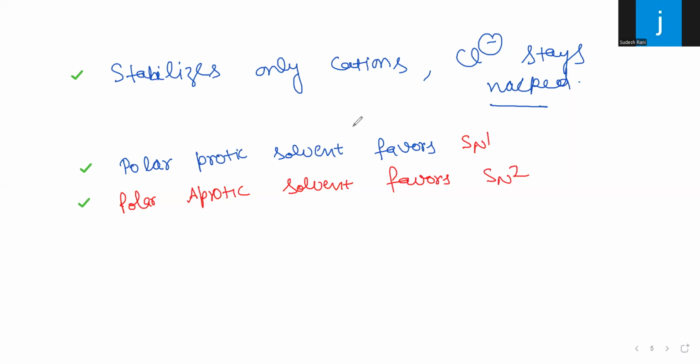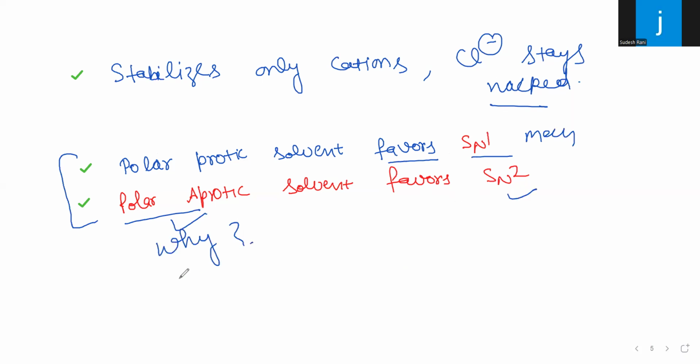So moving to the topic, how these solvents affect the rate of reaction. It is concluded that the polar protic solvent favors SN1 mechanism and polar aprotic solvent favors SN2 mechanism. But why? The question arises here. Why does this happen?